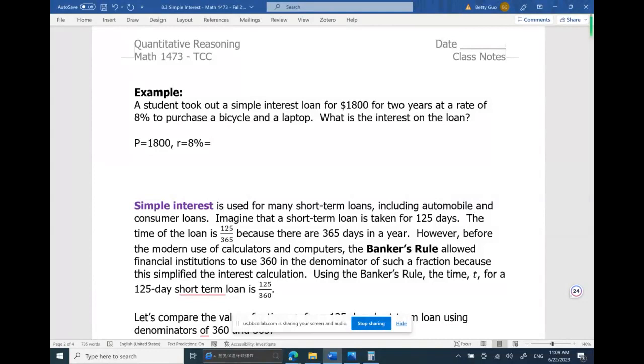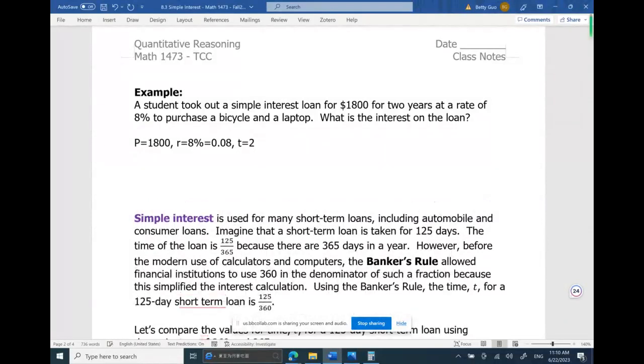Convert 8% to its equivalent decimal, we have 0.08. And the T, time in year. You take the loan for 2 years, so T equals 2. And we are looking for the simple interest generated from the loan, the cost of the loan.